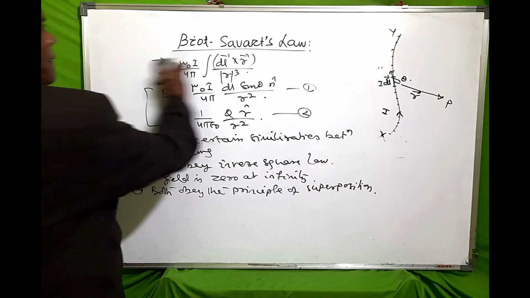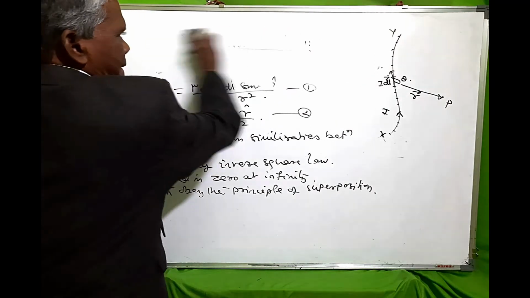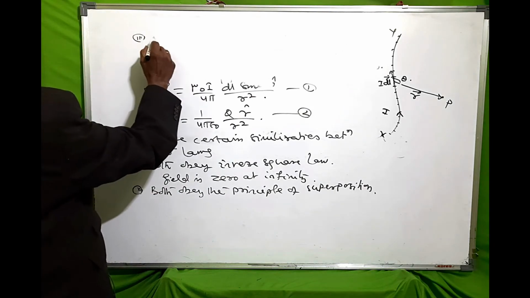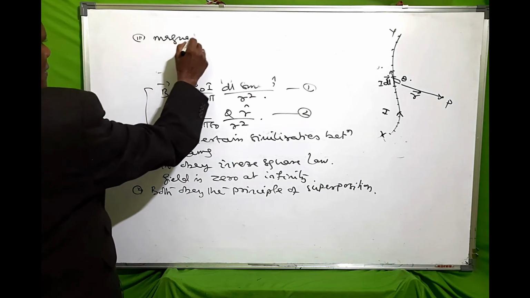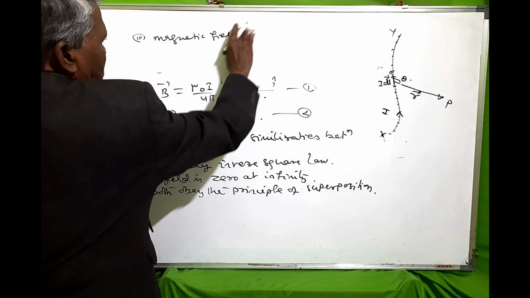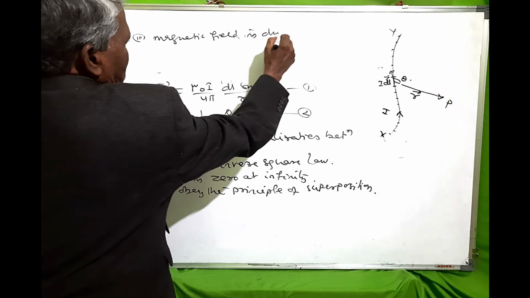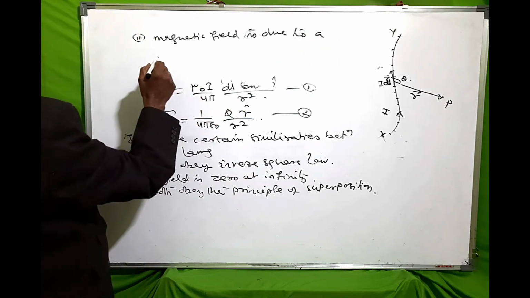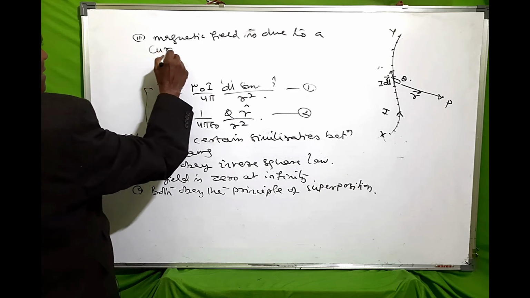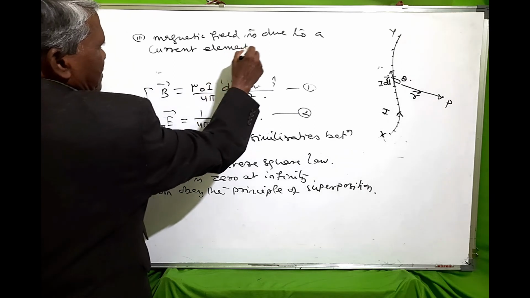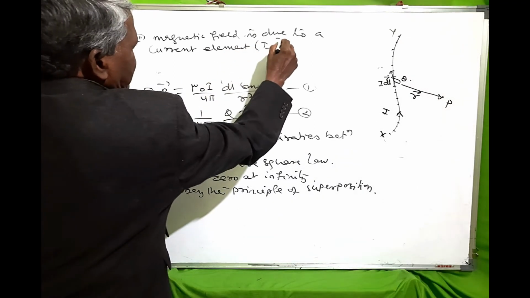Number three, magnetic field is due to a current element I dl, which is a vector.